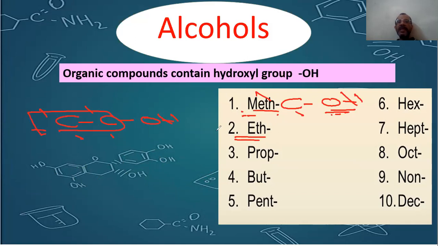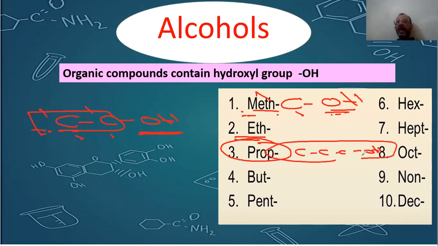Two carbon atoms means eth, so it is ethanol. If the compound contains three carbon atoms, it will be propanol, or sometimes 1-propanol.